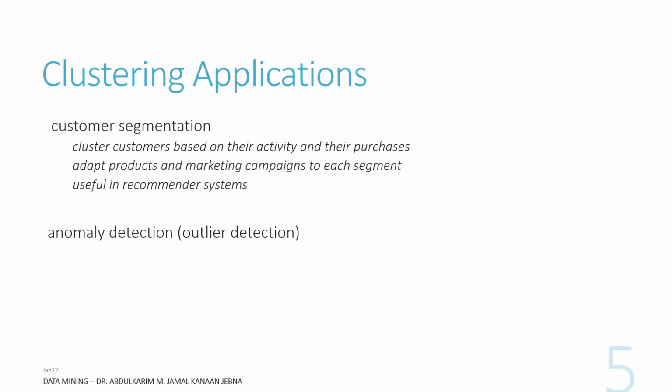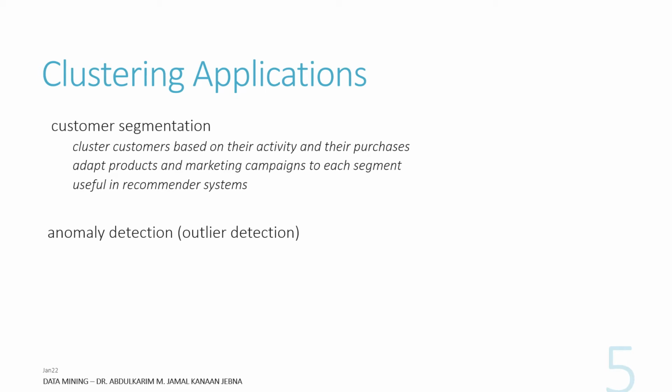Another example where you can still apply customer segmentation is when you are building or using a recommender system. A recommender system will suggest content that other users in the same cluster enjoyed. Another example where we can apply clustering is anomaly detection, outlier detection.